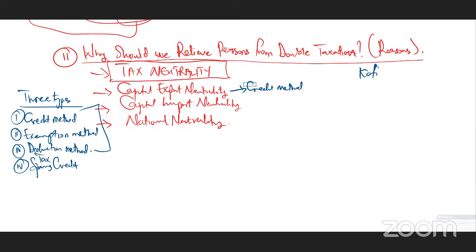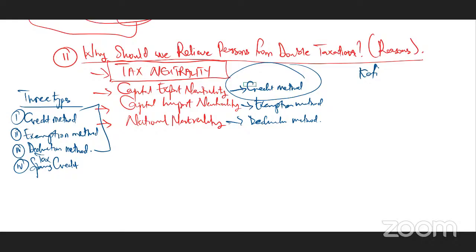Capital import neutrality is connected with the exemption method. And then national neutrality was created to achieve what? The deduction method is connected with national neutrality. So I told you here, no matter where you go in the world, assuming you never left and you make that same amount of money, you would end up paying the same tax as you would have paid worldwide.